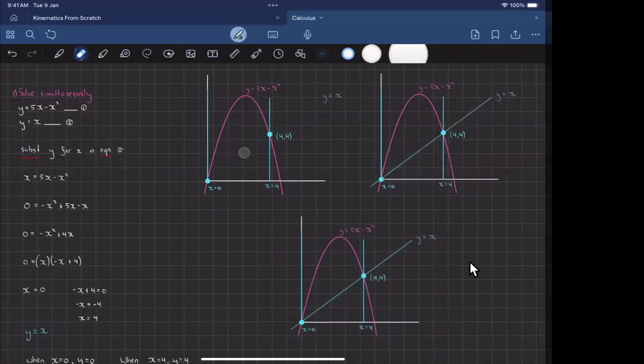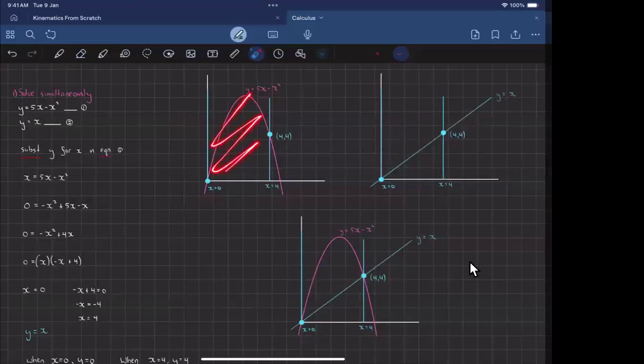If I wanted, I could consider the graph without the line. I could consider the graph without the curve, right? So Aliyah, based on what I have so far, I want you to tell me something. If I were to integrate 5x minus x squared between 0 and 4, what would I get? Would I get this area over here?